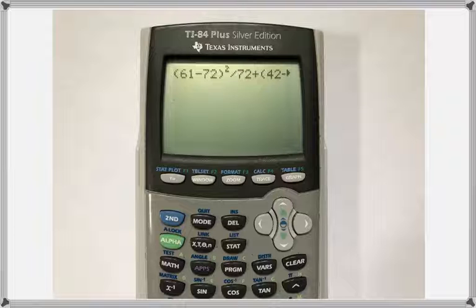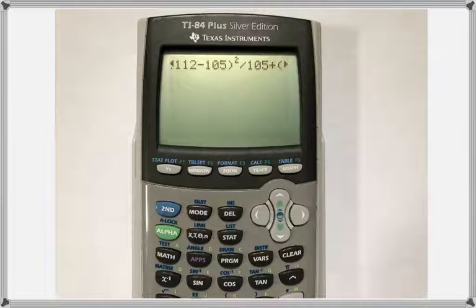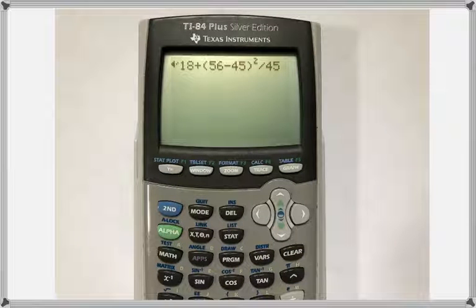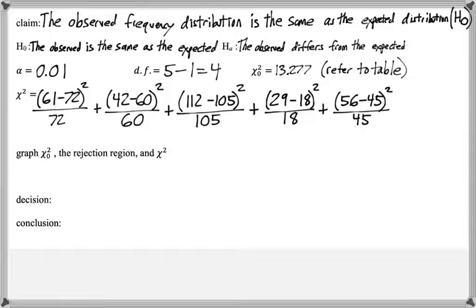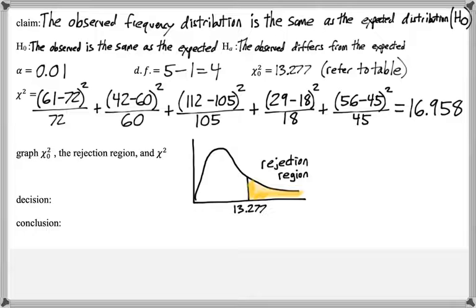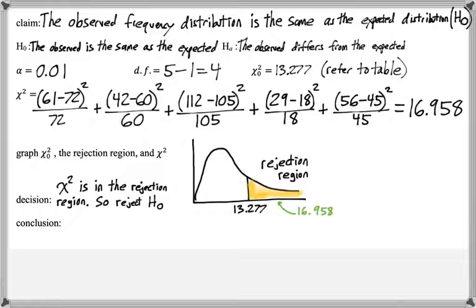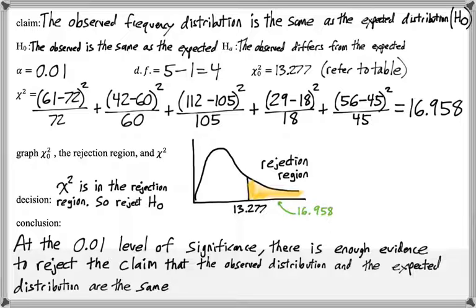So that will look like this, and it's equal to 16.958. So the picture would look like this, and chi-squared would go right there. So chi-square is in the rejection region, which means we reject the null hypothesis. And the conclusion would be, at the 0.01 level of significance, there is enough evidence to reject the claim that the observed distribution and the expected distribution are the same.